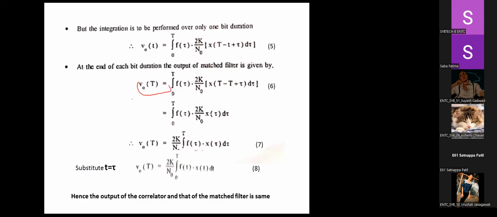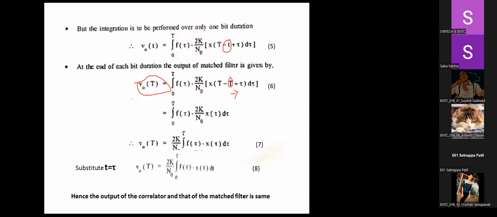at the end of each bit duration, the output of the match filter is given by f of tau into the impulse response, which is given as x of T minus t plus tau. So this t has changed to this T. Why? Because we are taking a given time interval.